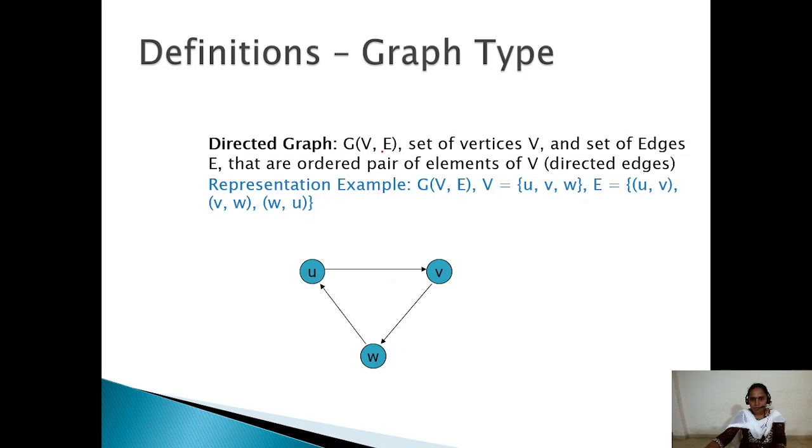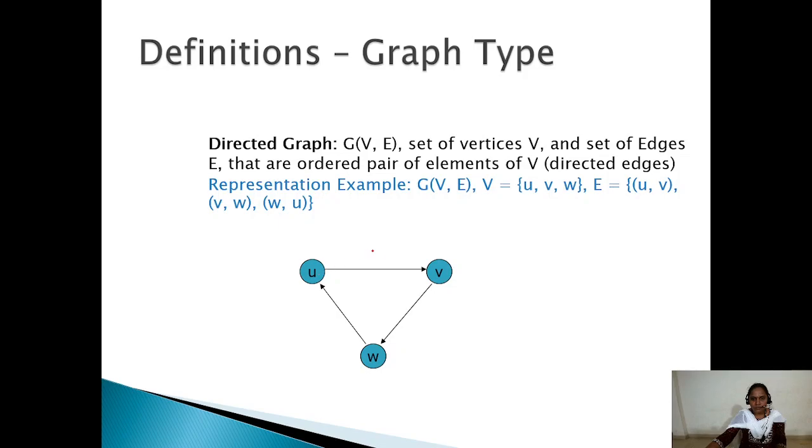Directed graph means G of V comma E, a set of vertices V and a set of edges E that are ordered pairs of elements of V. See, U is directed to V, V is directed to W, W is directed to U. This is one example of a directed graph.